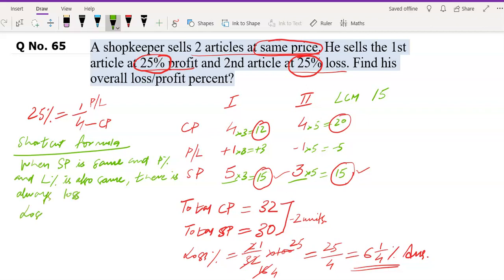And this loss percent is equal to, now suppose let's say profit percent is X percent. So loss is also the same, X percent. So overall loss percent will be X square upon 100. So this is the formula.